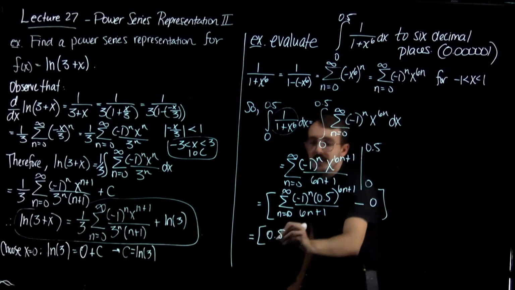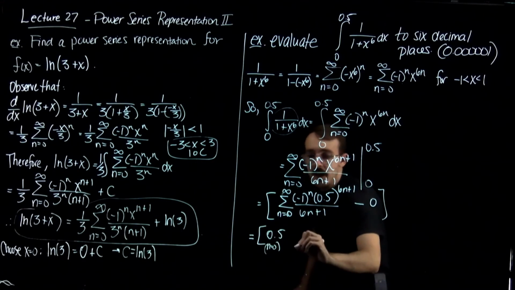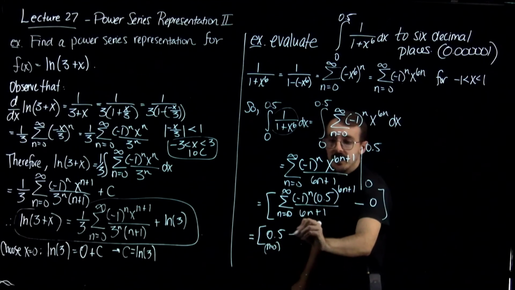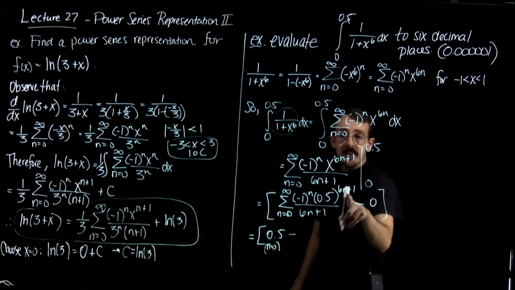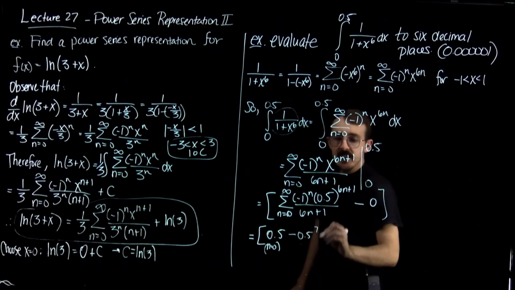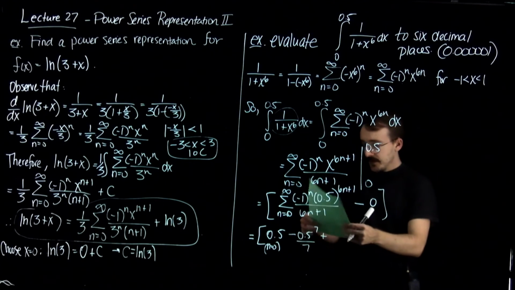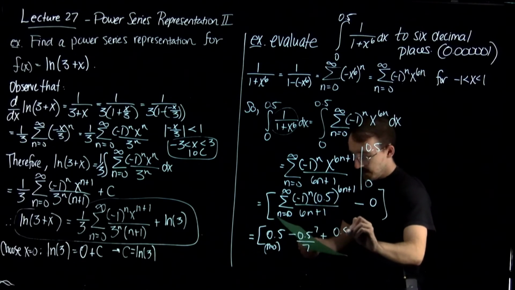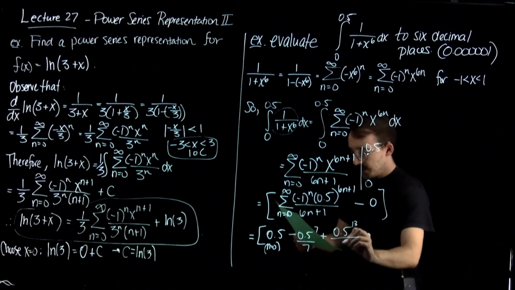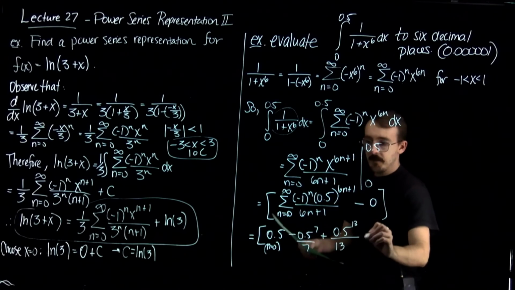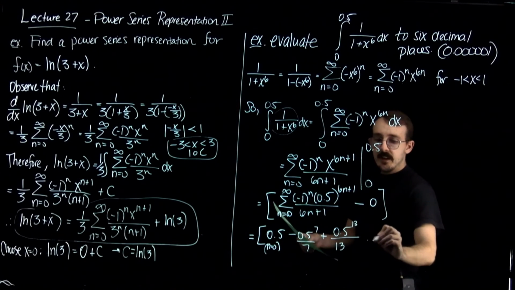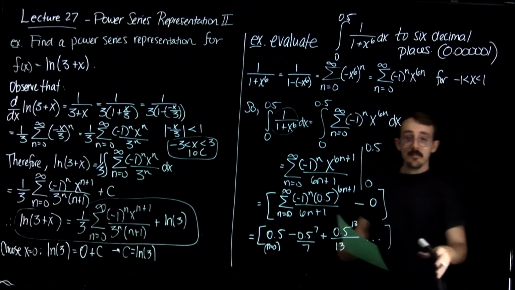And this is when n equals 0. And when n equals 1, you get negative. It's alternating. And then this would be 0.5 to the 7th power over 7 plus, and I'll do one more, it's 0.5 to the 13th over 13. And this would continue forever.